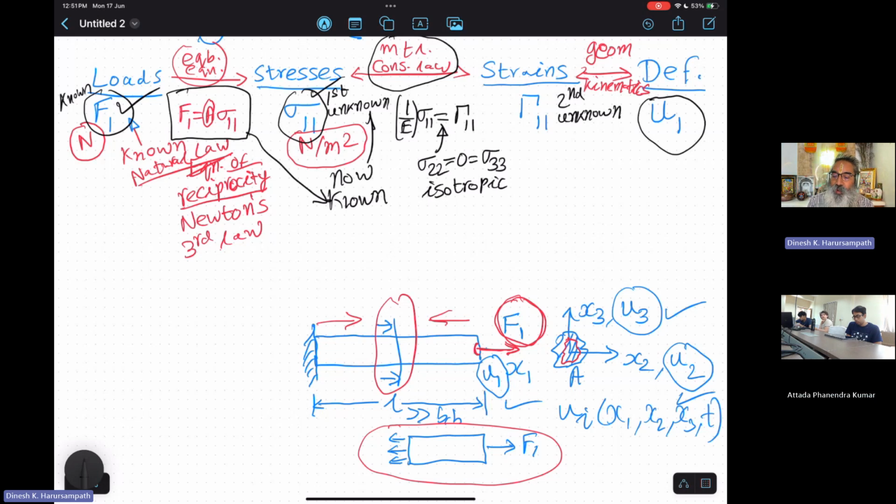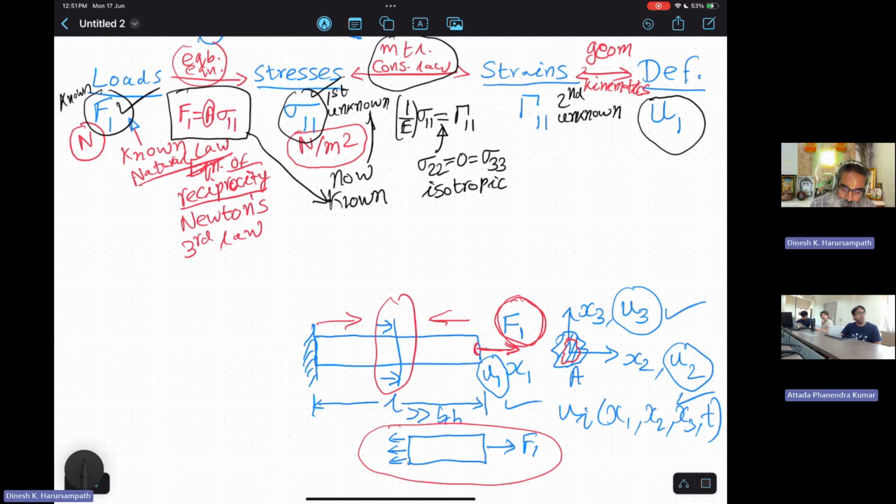But now that we have gamma 11, can we get U1? What is the equation there? We have already written that it should depend on the geometry, and it's called kinematics. But what is the specific equation that relates gamma 11 to U1? Well, we know that the strain in the 1 direction will be the derivative of the displacement with respect to the x1 direction.